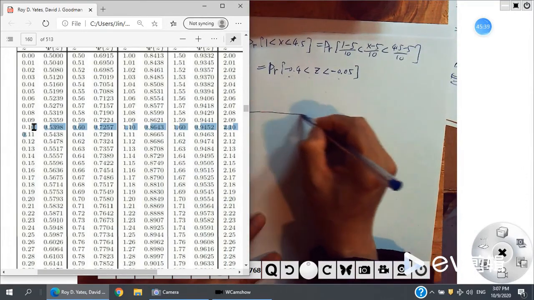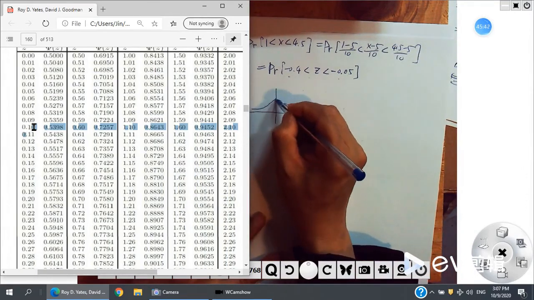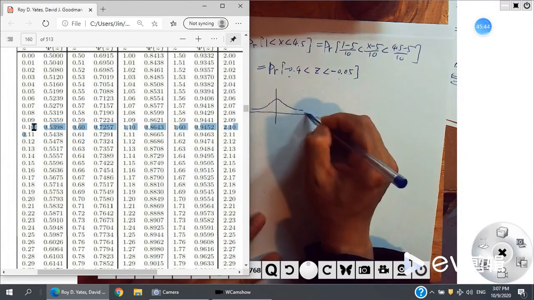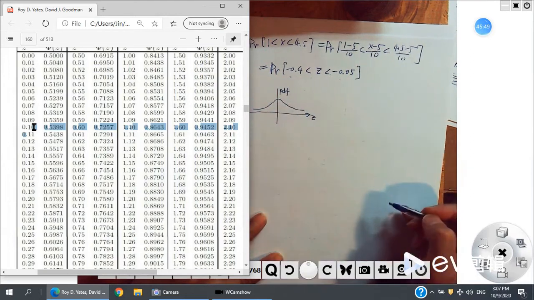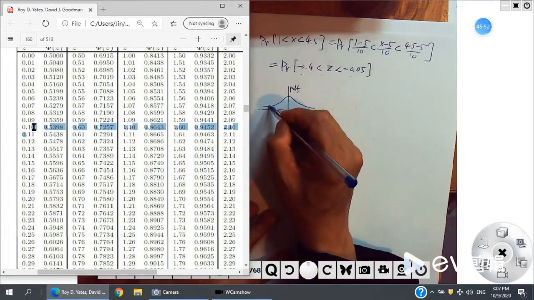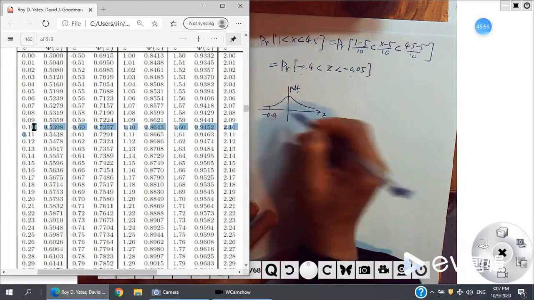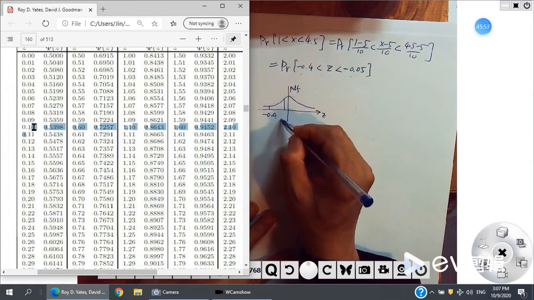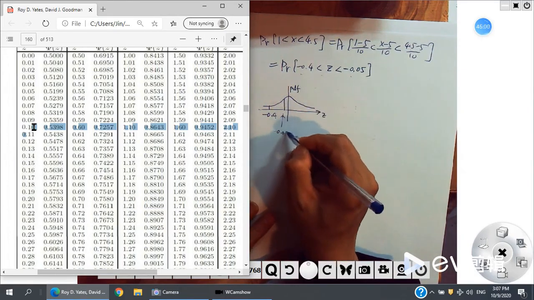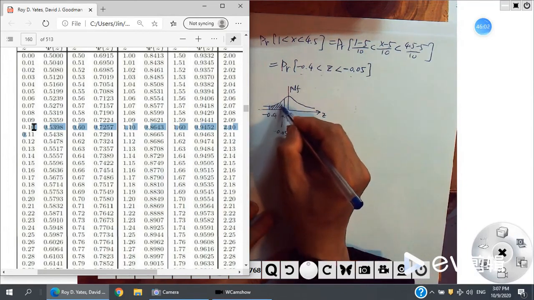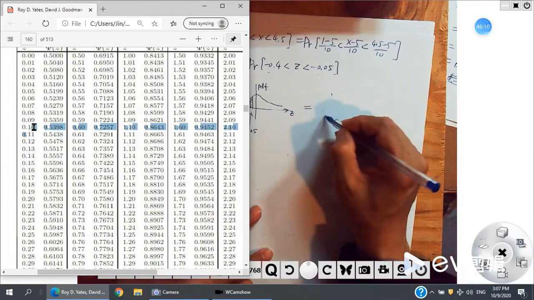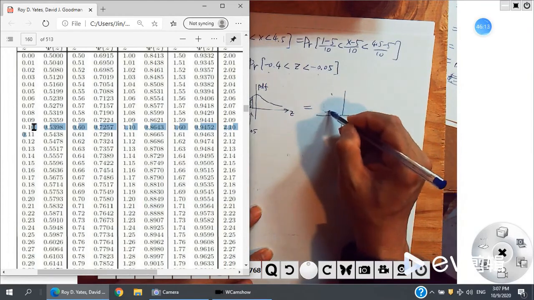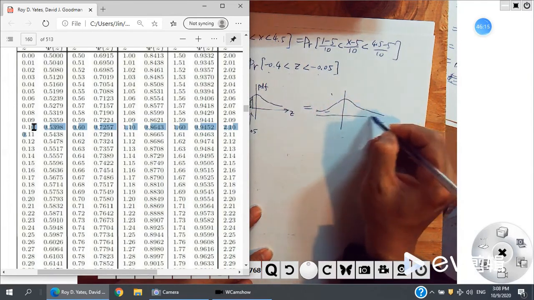You draw the graph first. This is the PDF of Z, and you have -0.4 to -0.05. You want the area here, right? Because it is symmetric, just go to this side.